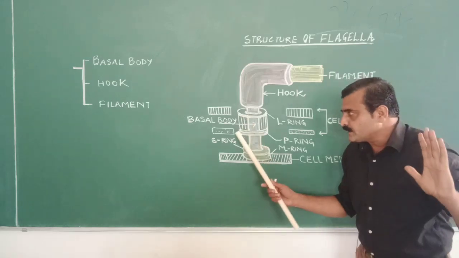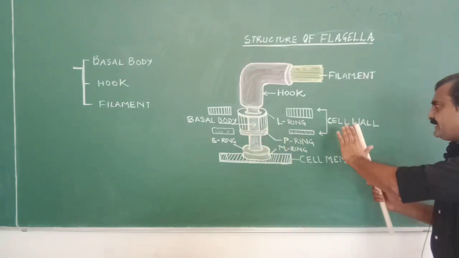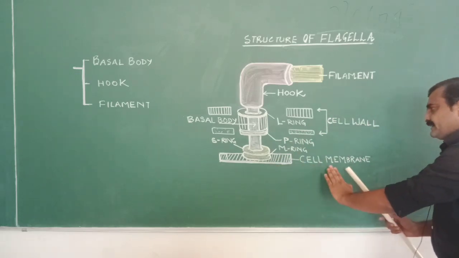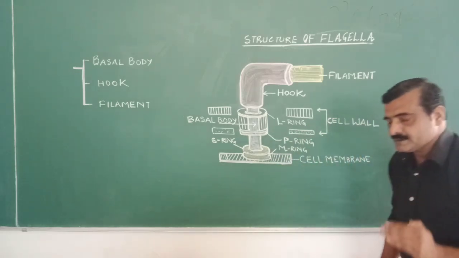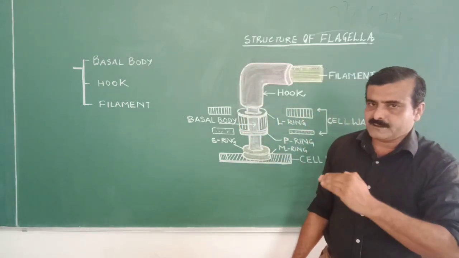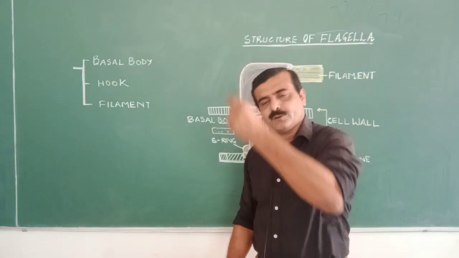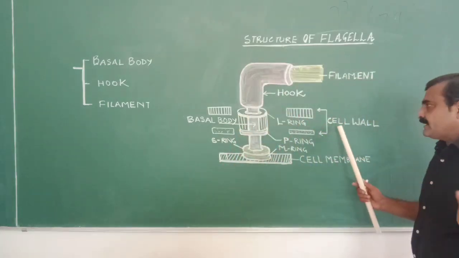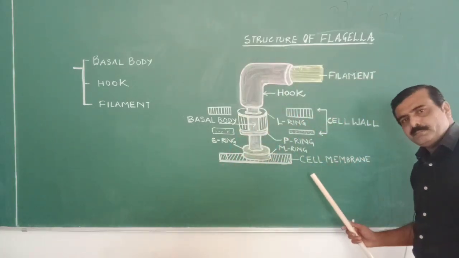Now the outer pair of rings is present in the cell wall and the inner pair of rings is present in the cell membrane. So क्या पता लगा कि जो बेसल बॉडी होती है वो बेसल पार्ट होती है फ्लैगेलम का, एक प्रोटीनियस रॉड लाइक स्ट्रक्चर होता है जो एक्सटेंड करता है सेल वॉल में भी और सेल मेम्ब्रेन में भी.